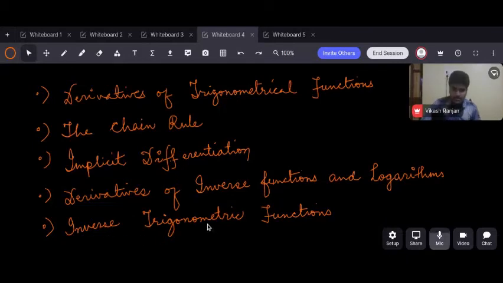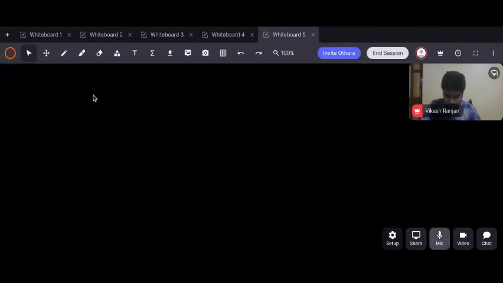Now after inverse trigonometric function we will be dealing with the related rates. So here the next topic is the related rates. After this we will be going to discuss linearization and differentials.